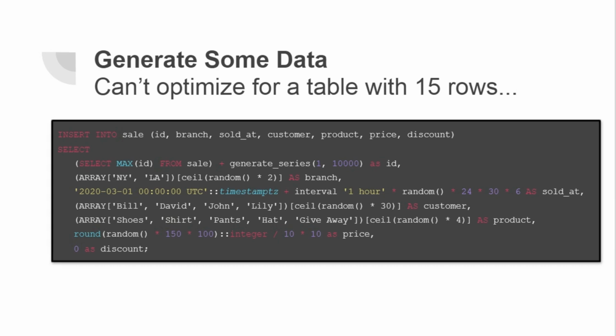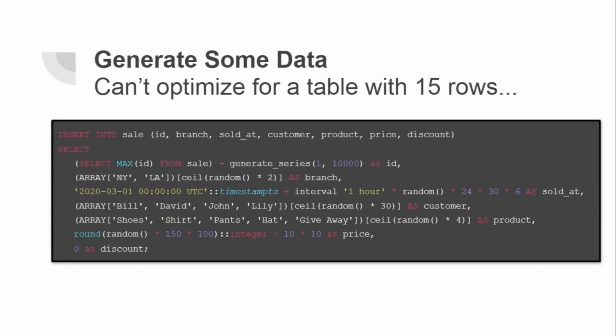Next, we are creating an array with our two branches, New York and LA, and then we pick one at random. You see, we take random multiplied by 2, which is the index, and we use ceiling to pick either 1 or 2. So this will pick a branch randomly.